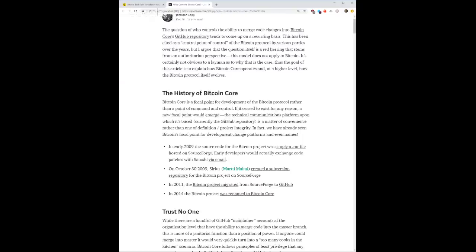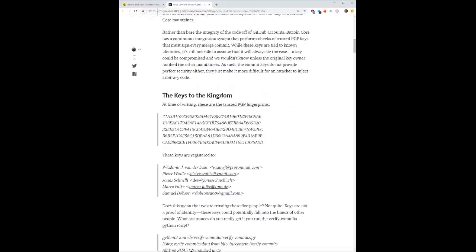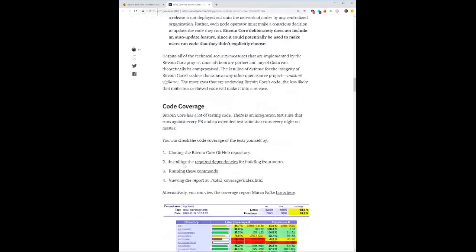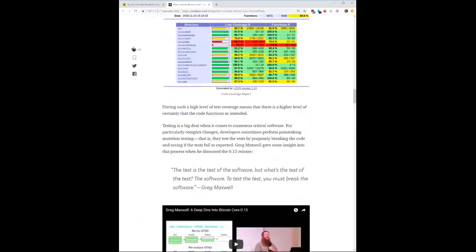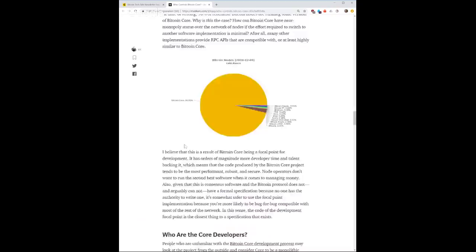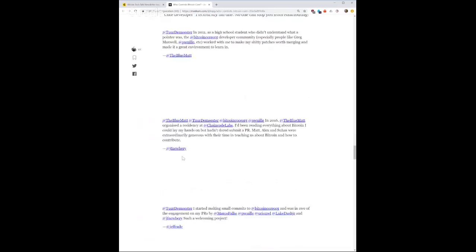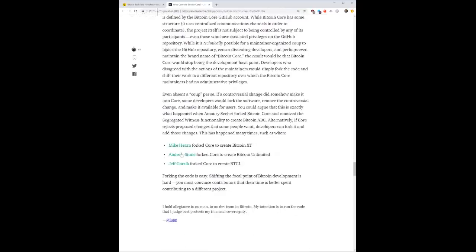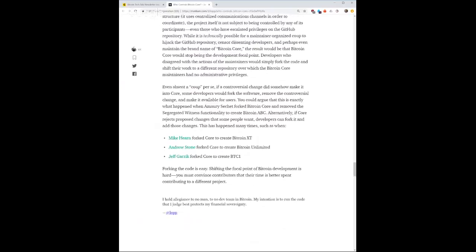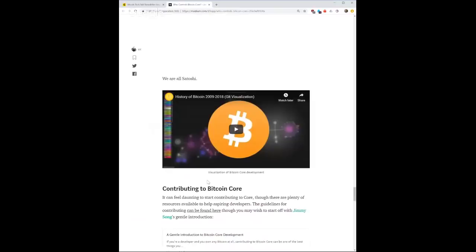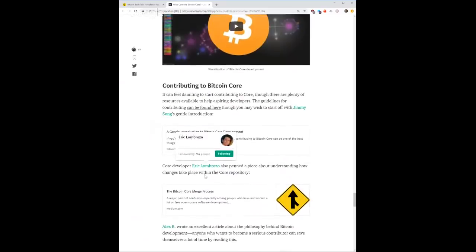But Jameson goes through what Bitcoin Core is, how you can verify everything, and how it's really a Schelling point for a lot of the development, and how you can't really say that it's centralized, right? There's a lot of people that contribute to it, and you can fork off anytime that you want, including UASF, and that was probably one of the bigger ones.